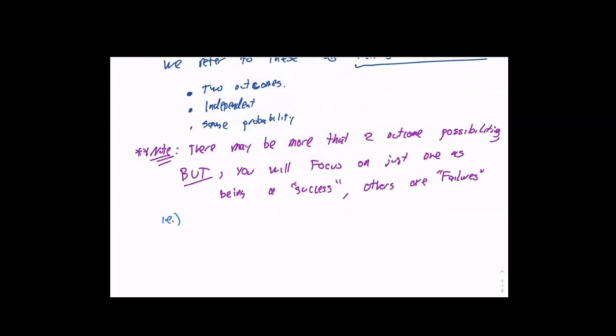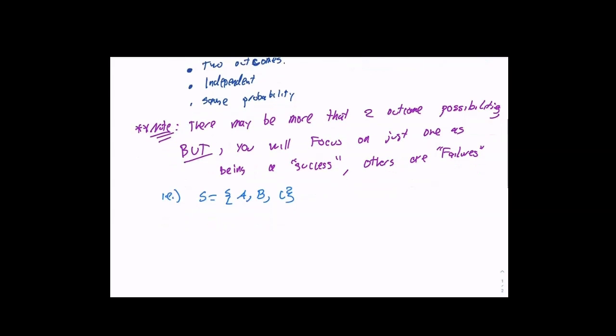In example, let's say our sample space is A, B, and C. So these are the 3 different outcomes that can happen in a single event. All right. And you're going to do this multiple times. So you have the probability of A, the probability of B, the probability of C, such that if we were to add up all these probabilities, we would get 1.